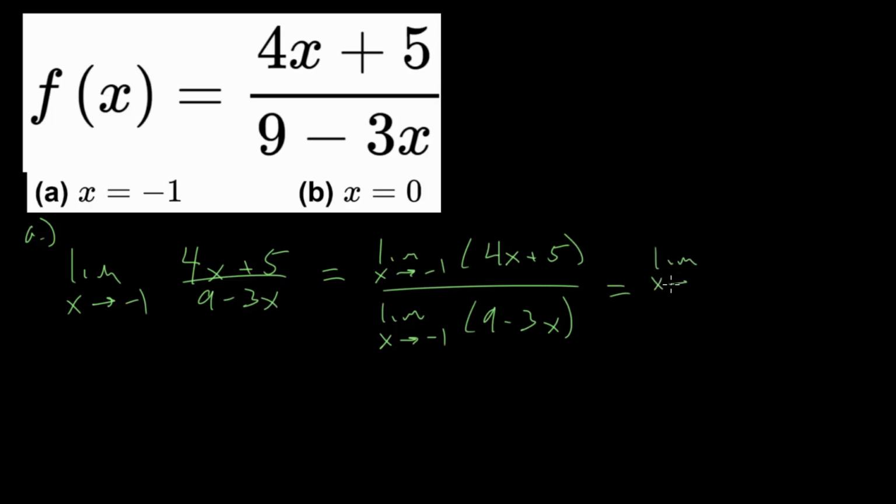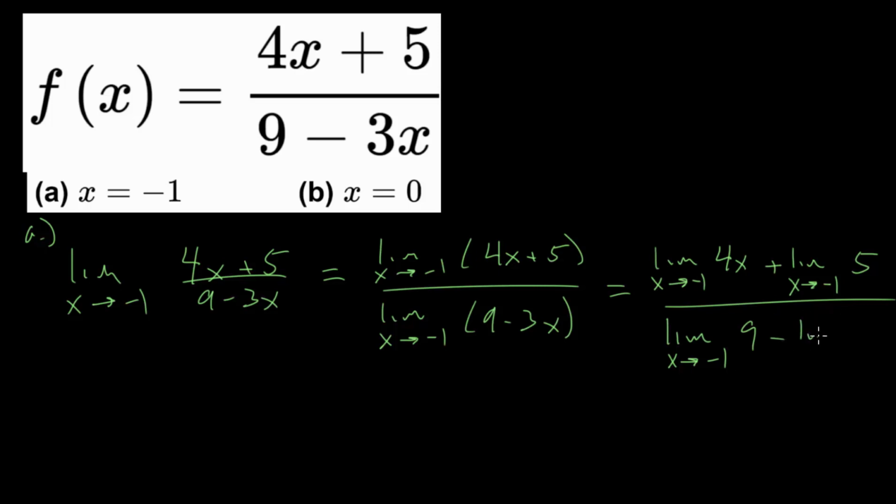So we have the limit as x approaches -1 of 4x plus the limit as x approaches -1 of 5. And this is a bit tedious, but this will essentially break down the properties of limits. And it works the same way when we have a difference. We can split each term here and take the limit as x approaches -1 of 9, and then subtract the limit as x approaches -1 of 3x.